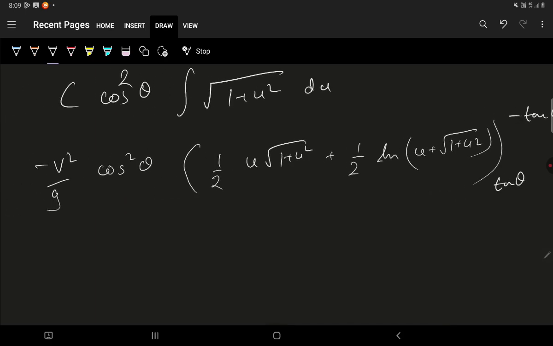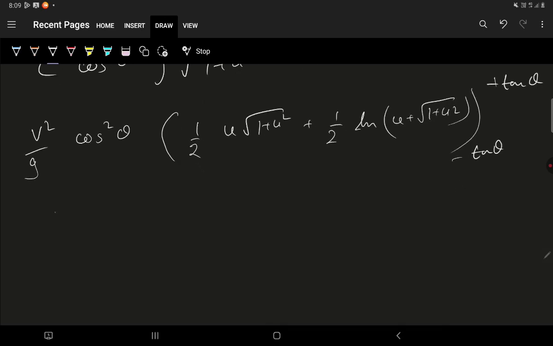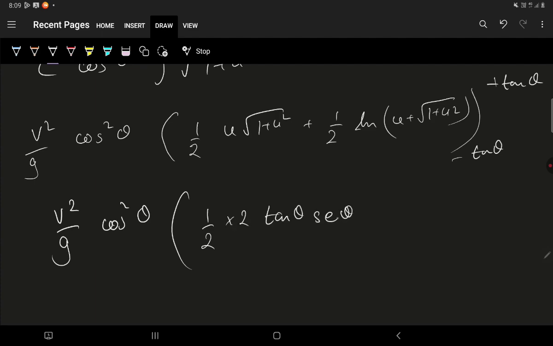Take one minus sign and change the limits' signs, and you will get v square by g cos square theta into 1 by 2 into 2 tan theta sec theta plus ln tan theta plus sec theta.